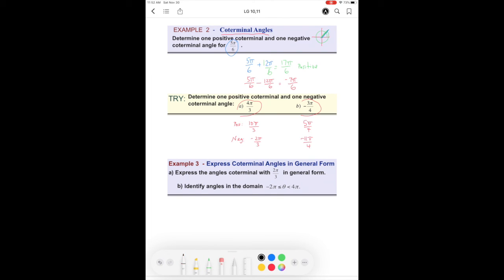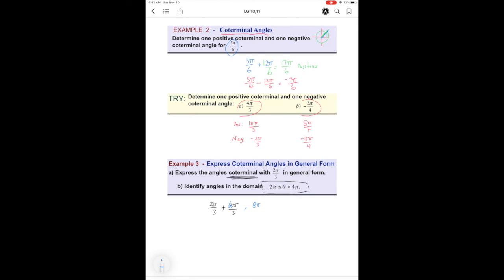In this last concept now, we are going to look at the same type of thing, coterminal, but we have to stay in this domain. So what we're going to do is take the starting angle, so 2 pi over 3, and we're going to add 2 pi. So remember, you're making this a 3, common denominator, so we have to times the top by 3, and we get 6.